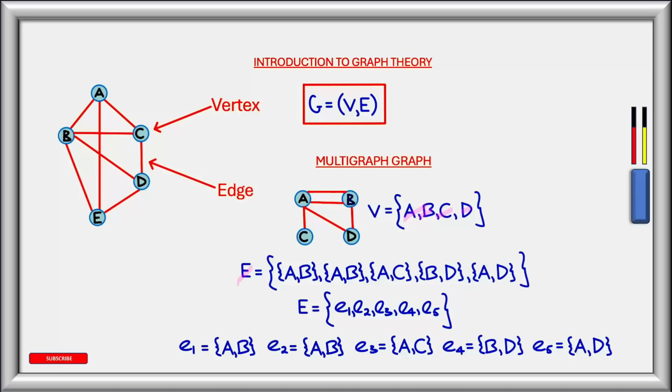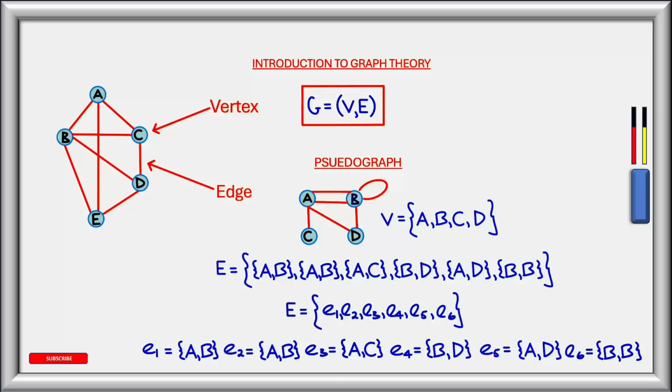E equals AB, AB again, to account for the multiple edges between A and B, AC, BD, and AD. An alternative way of writing this is to show the edge set as having edges E1, E2, E3, E4, and E5, where E1 is AB, E2 is AB, E3 is AC, E4 is BD, and E5 is AD.